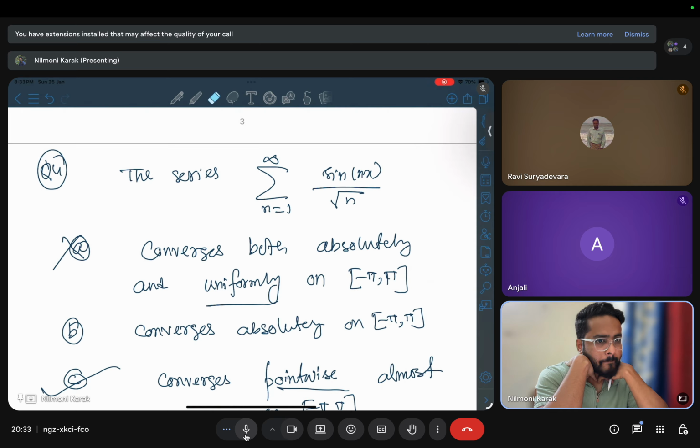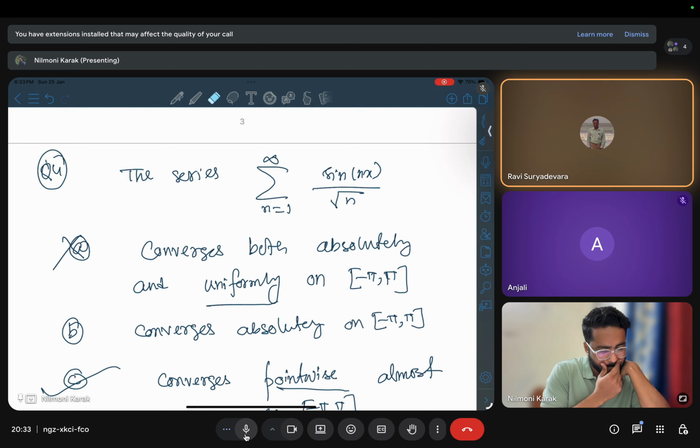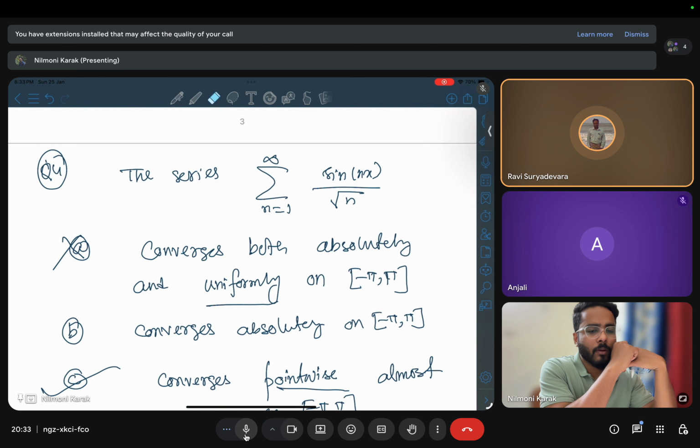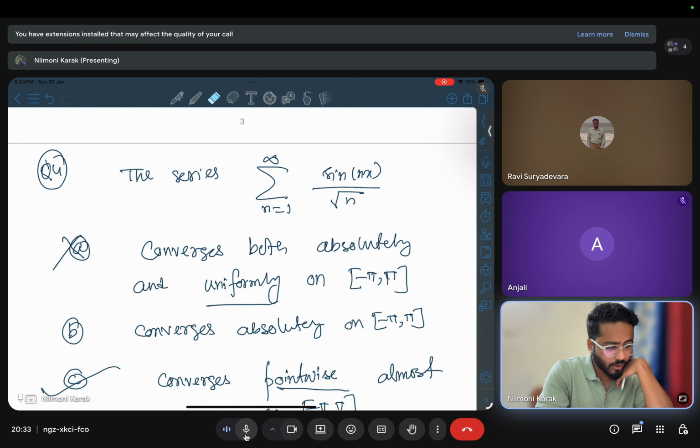I think whatever you said is, roughly, you are saying that at zero it is divergent, right? But sine zero is zero, and zero is convergent, no?